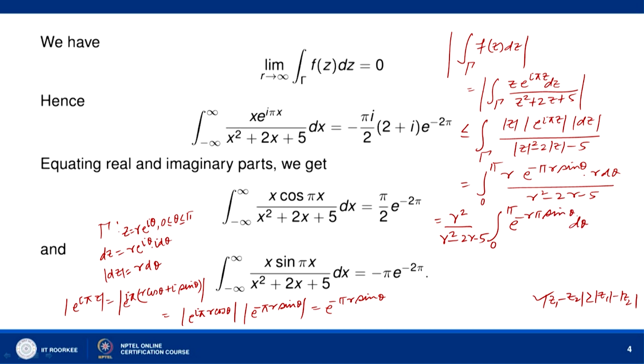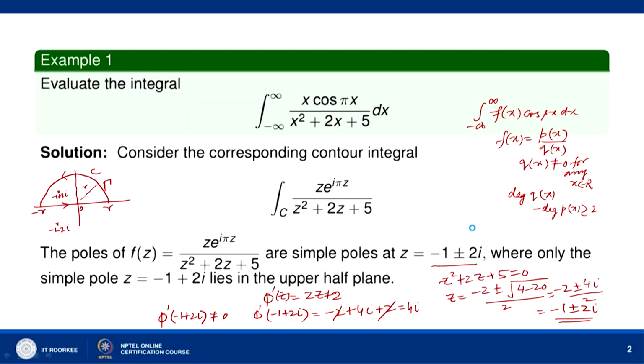Now, let us notice the difference between this expression and the expression that we used to get when we had this in the coefficient of cos x. We had a rational function where the degree of the denominator was at least 2 units higher than the degree of the numerator.